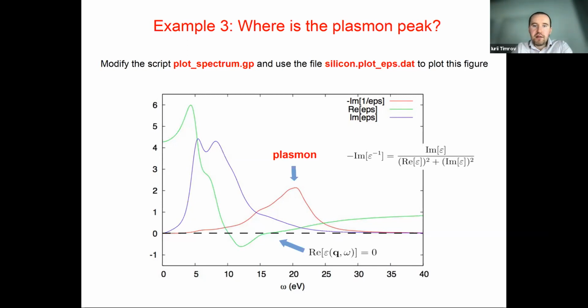Yes, there is also quite recent activity on acoustic plasmons, which are plasmons at lower energies, not around 20 eV, but really around 0, which have acoustic behavior, like acoustic phonons, if you want. So there are also acoustic plasmons, which are in surfaces, for example.